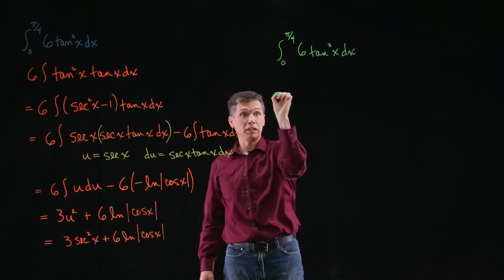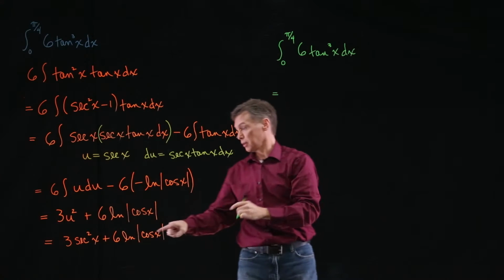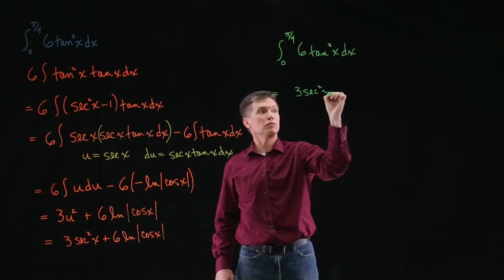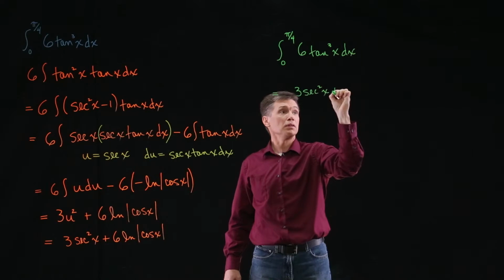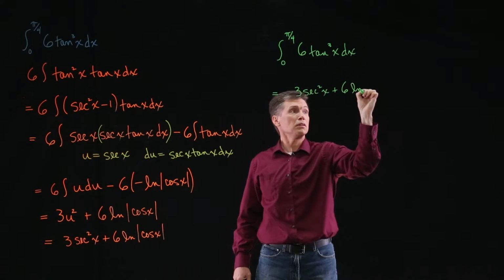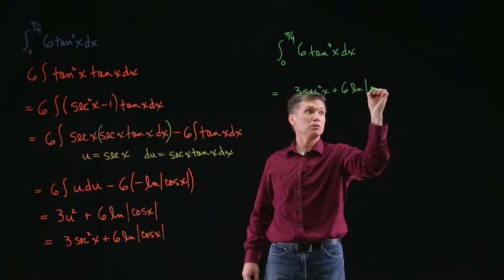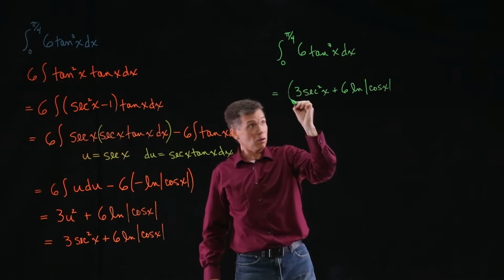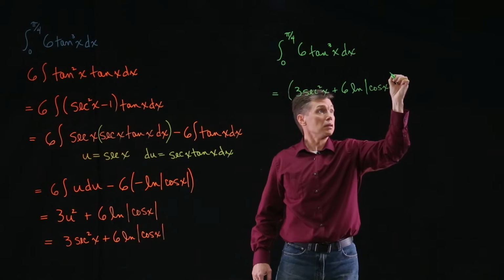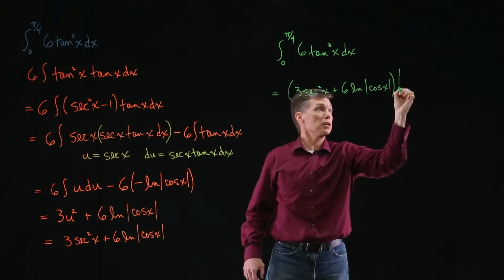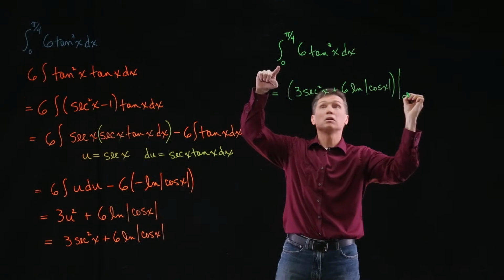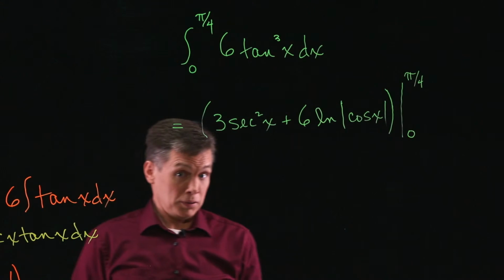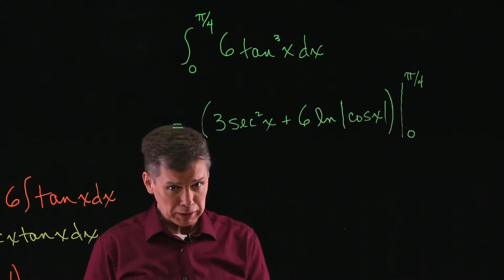We now know that it equals this result of 3 secant squared of x plus 6 natural log absolute value cosine of x, all evaluated from the lower limit of 0 to the upper limit of integration pi over 4. Okay, so now let's do some plugging and chugging.